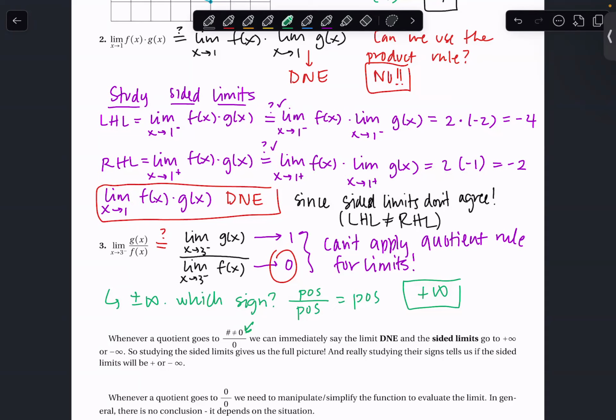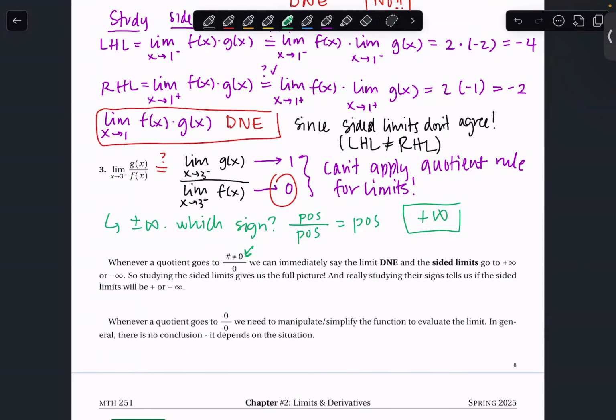How we're using it? Okay, so we could actually answer that question, just not using quotient rule. Quotient rule is not helpful here, but again, non-zero over 0 means sided limits go to plus or minus infinity. I just studied the sign. If I want to know the overall limit, then I decide, do they agree with each other or not?